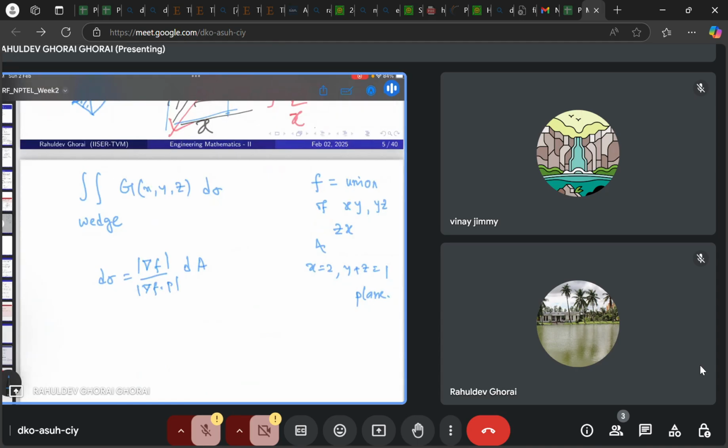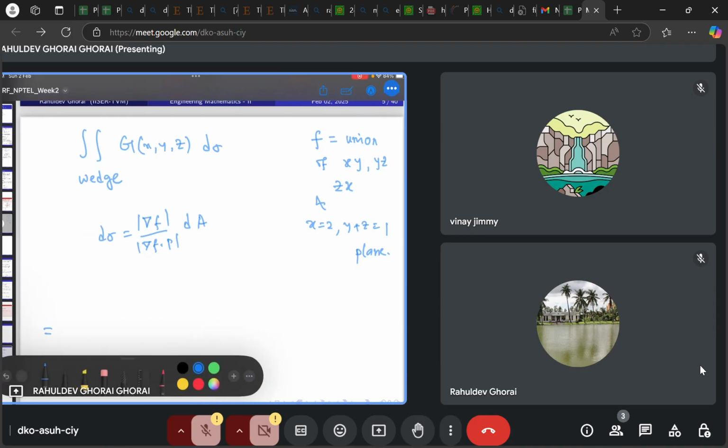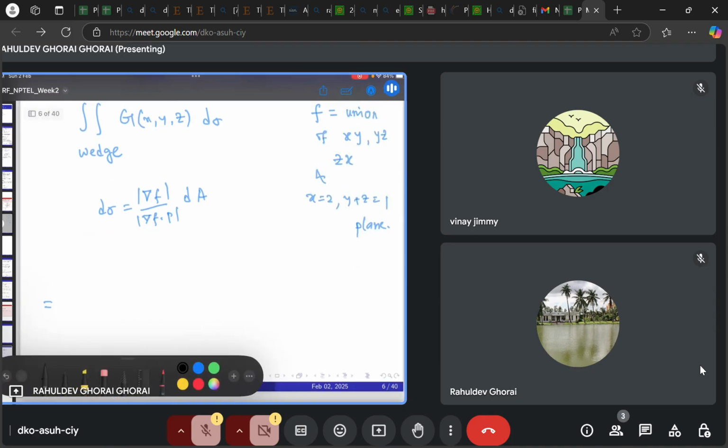Now we will see how this wedge looks. What you can write is this integration over the xy plane first. The integration will be over the xy plane because depending on the plane, this p and all these things will vary, right?